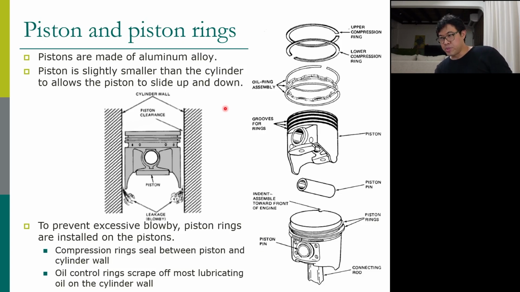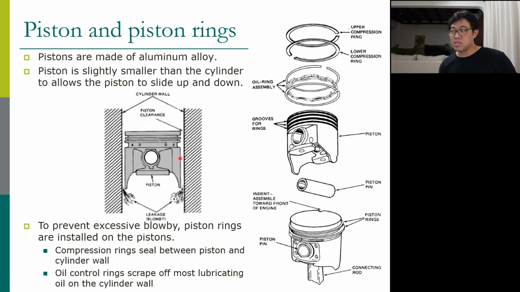Now because the piston has to move inside the cylinder, it has to be smaller than the cylinder. So normally the diameter of the piston is smaller than the diameter of the cylinder. So there's a clearance or gap between the piston and the cylinder wall. This is the cylinder wall, and the piston moves up and down.